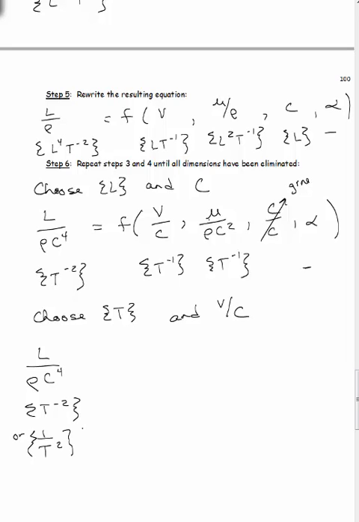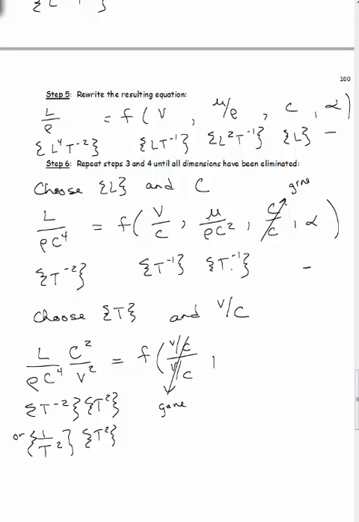So this is what I'm trying to come up with, is a t squared here, right? So those are going to cancel. So to get t squared, it's 1 over, and then square it. So c squared over v squared equals a function of v over c. That's going to go away because it's going to be v over c, gone.